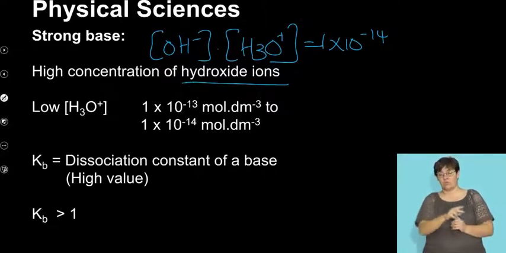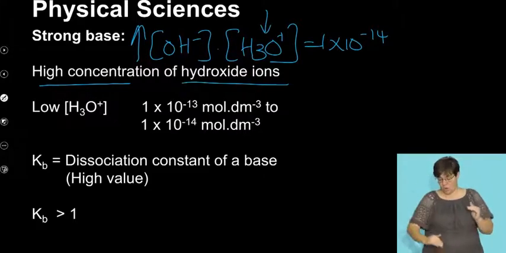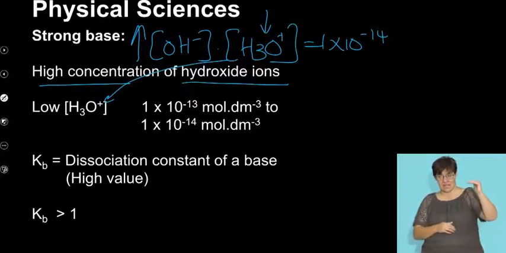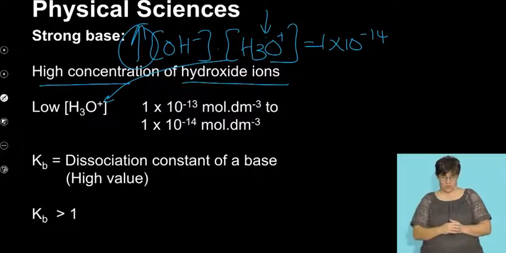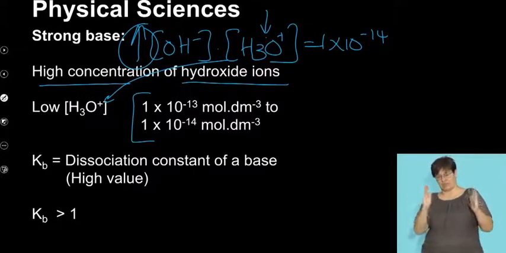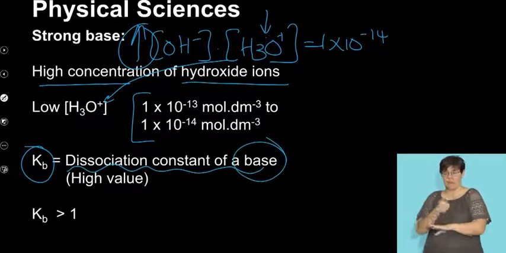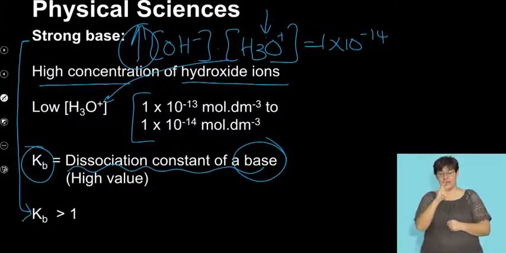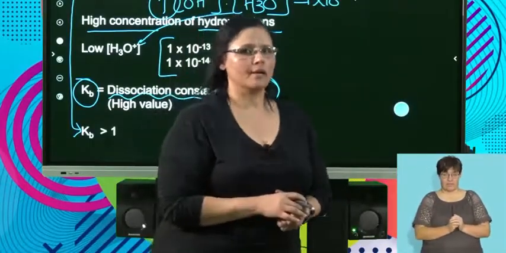With a high concentration of hydroxide ions, you will have a low concentration of hydronium ions, and your hydronium ion concentration will be in that range. As I said before, the Kb is the dissociation constant of a base, and for a strong base, we will have a high Kb value, or we can say the Kb value is bigger than 1.